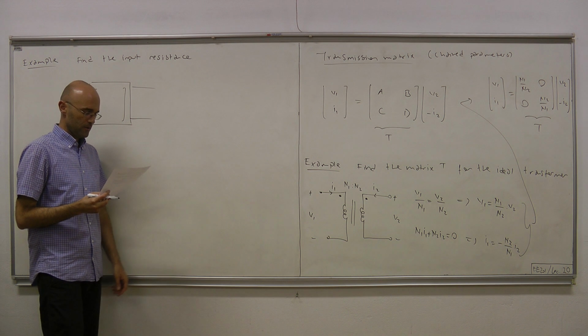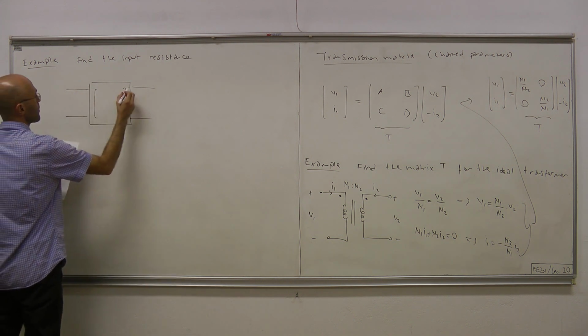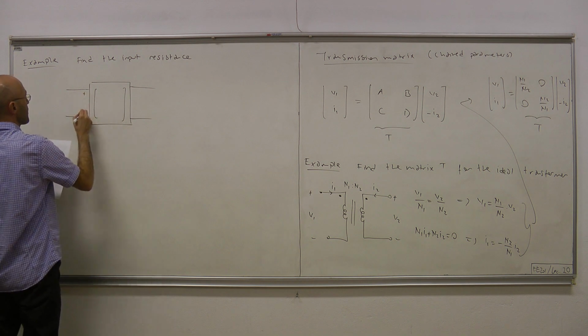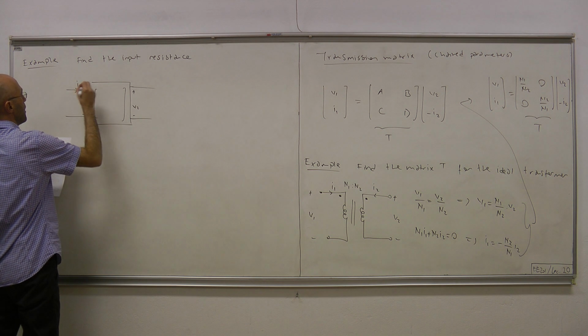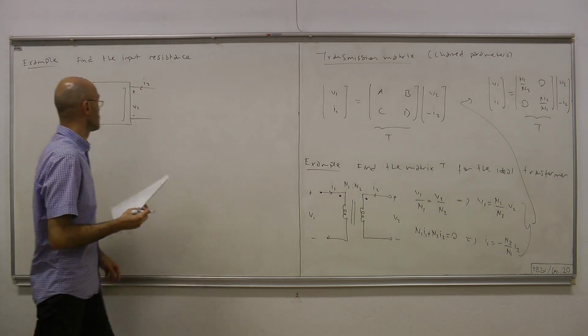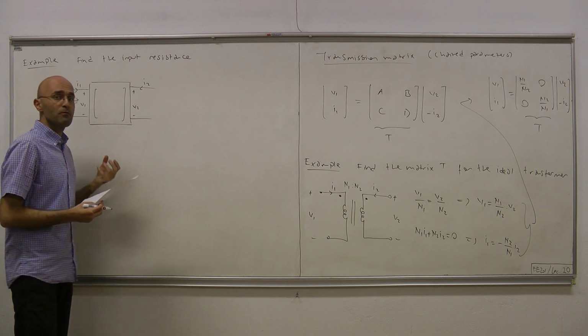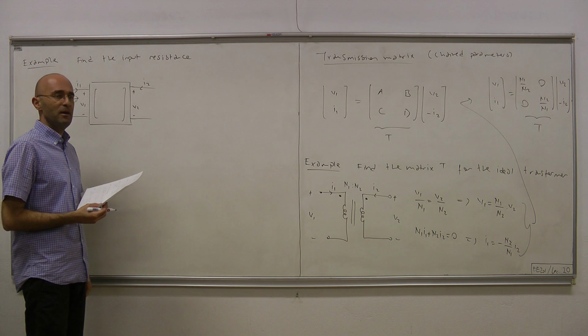Here we have a two-port circuit with V1, V2, I1, I2. And this two-port circuit is such that we know, or we computed beforehand, its transmission matrix parameters.